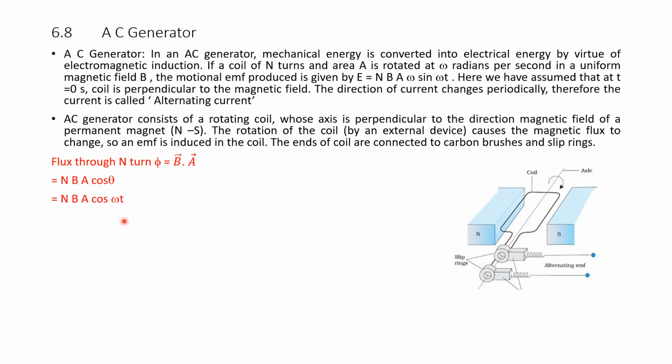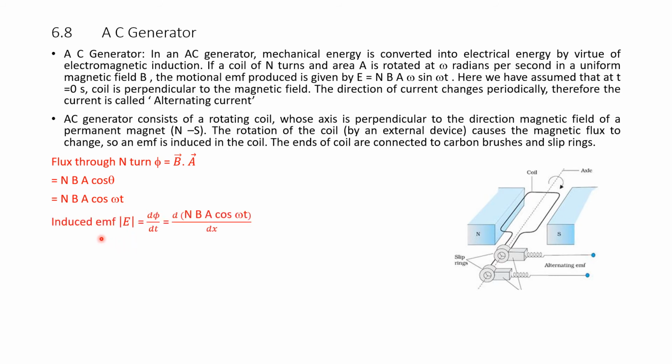Theta, in terms of angular velocity, can be written as omega t, because the angle itself varies from 0 degrees to 90, 90 to 180, 180 to 270, and again comes back to 0, as we showed in the table previously. Therefore, flux through N turns of the coil is given by NBA cos omega t.